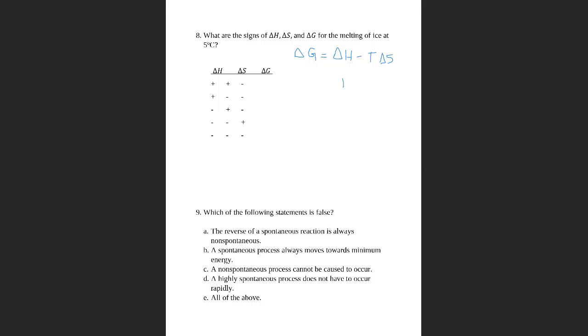A positive delta H value would lead towards non-spontaneity, but a positive delta S value would contribute towards spontaneity. So the overall negative T delta S is negative because T has to be positive and delta S is positive. So minus T delta S is going to make that term negative.